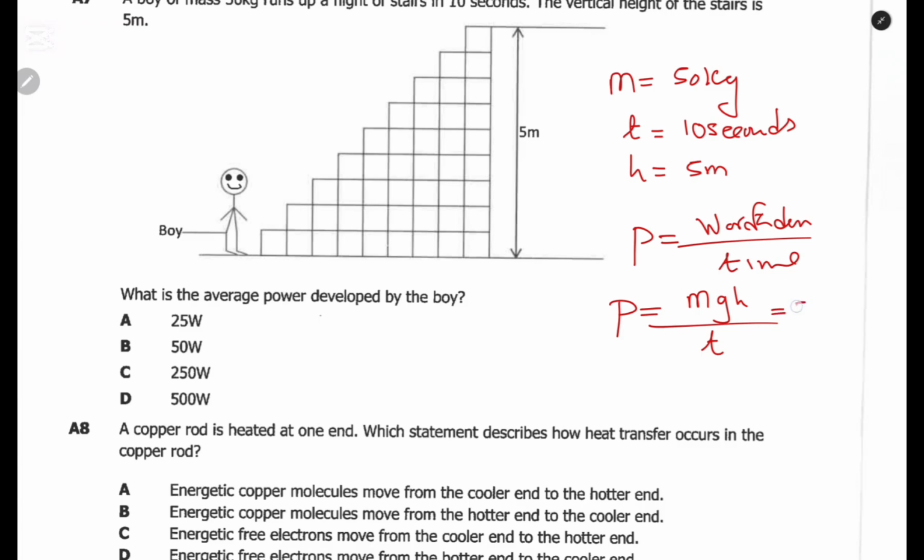So mass is 50 times gravity on earth, which is 10, multiplied by height, which is 5, divided by 10. On top we have 50 times 10 is 500, times 5 is 2,500, divided by 10. So we just drop zeros and we are remaining with 250. Power is in watts, and therefore the answer is C.